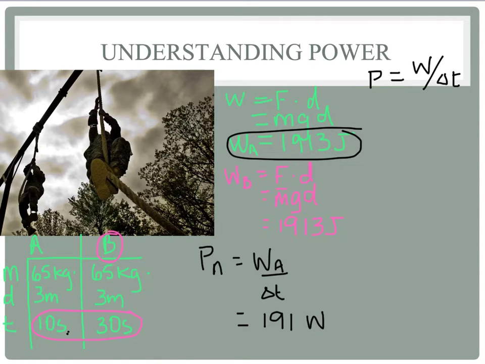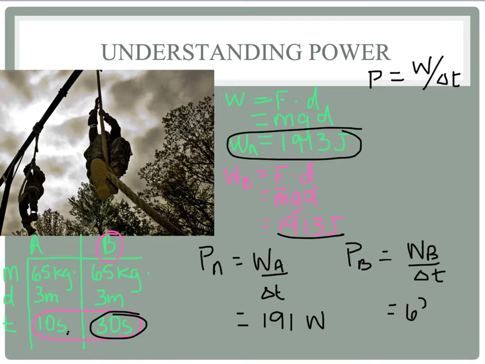If we take power of person B, then we have work B divided by time, and his time is 30 seconds. So 1,913 divided by 30 ends up being 63.7 watts. So they both do the same amount of work, 1,913 joules, but their power is what's different. Because the one person does it faster, he has to use more power than the person who does it slower.